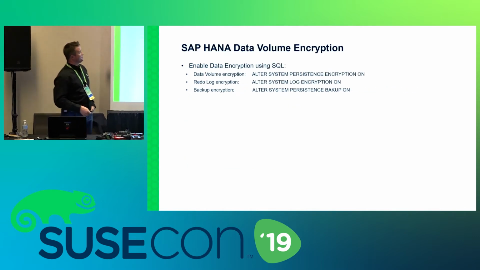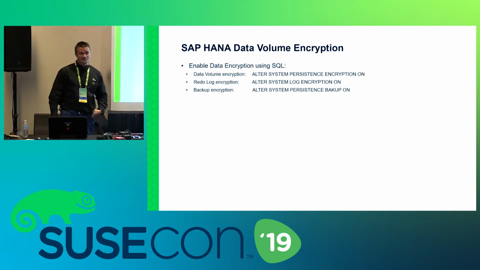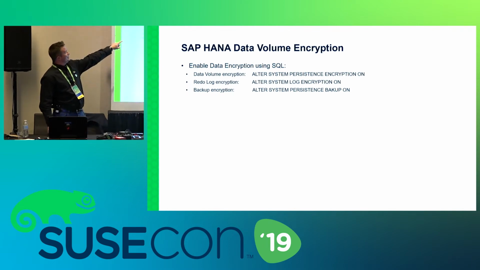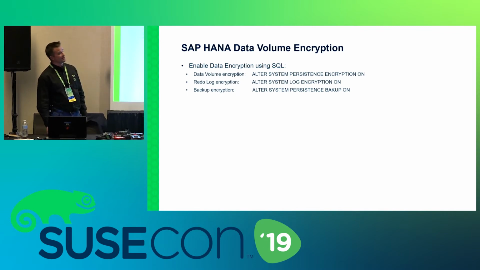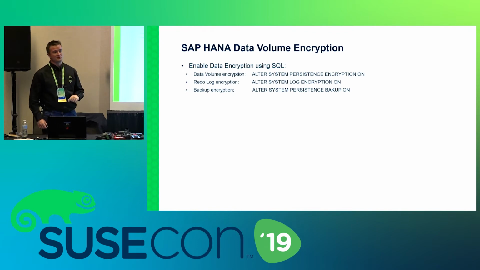I've added on here just for ease of use if you wanted to use the information. If you want to enable data encryption using SQL on HANA for the data volume, you just simply need to enter alter system persistence encryption on. It will encrypt your whole data layer. I've also added there the redo log encryption and backup encryption if you want to set up encryption on those directories.